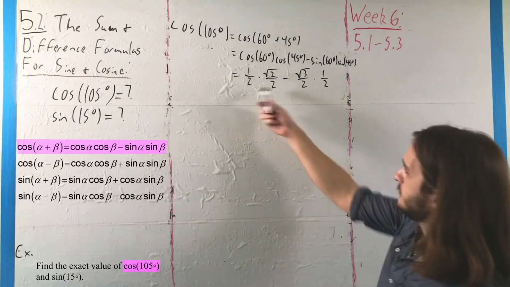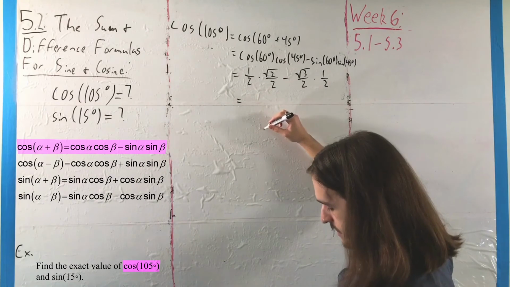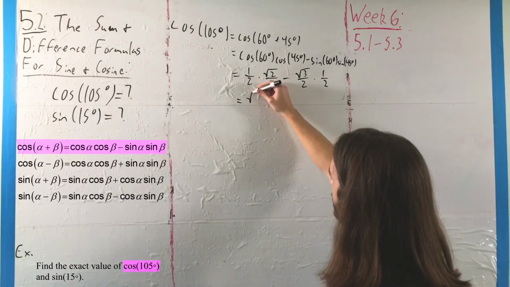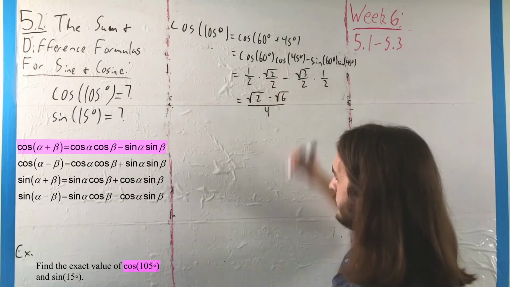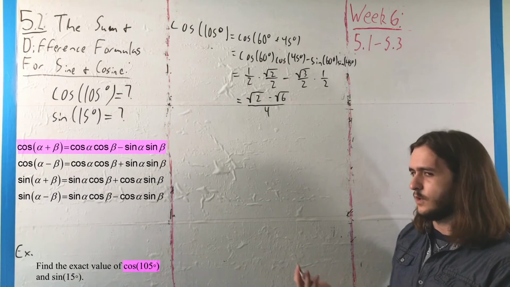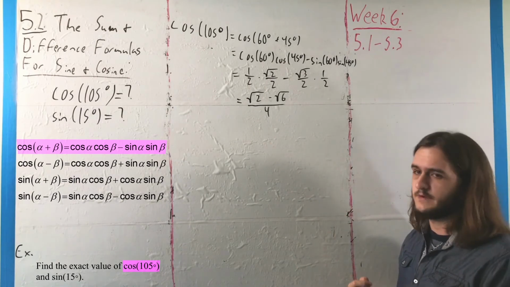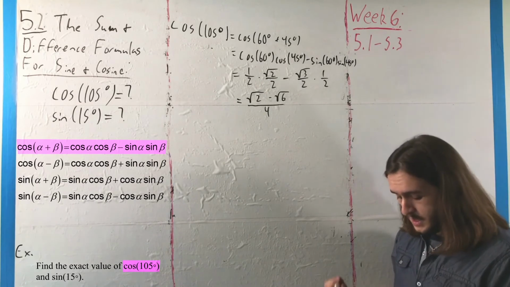Stick these together, multiply the 1/2s in, get common denominators, and we end up with a value of root 2 minus root 6 over 4. If you want it approximately, I think it ends up being something close to 1/4. But this would be the best form to leave it in because it's rationalized and it's exact.